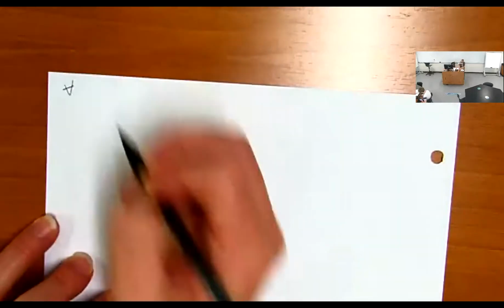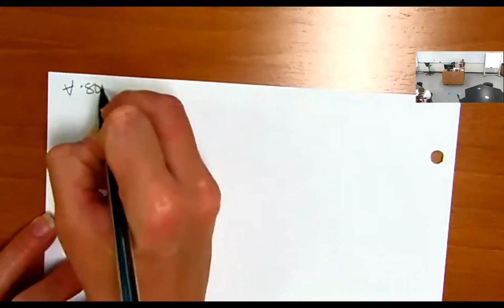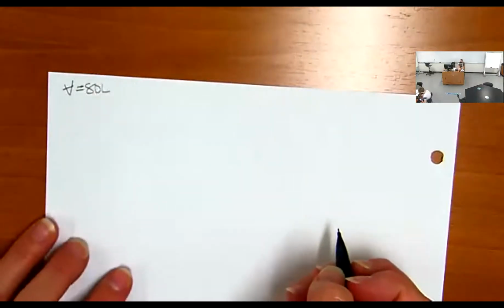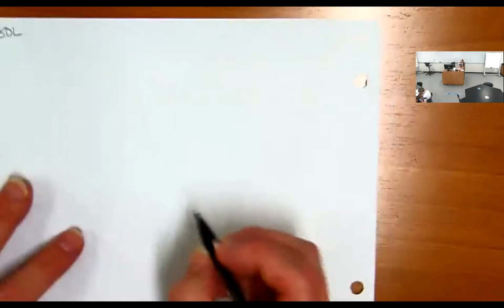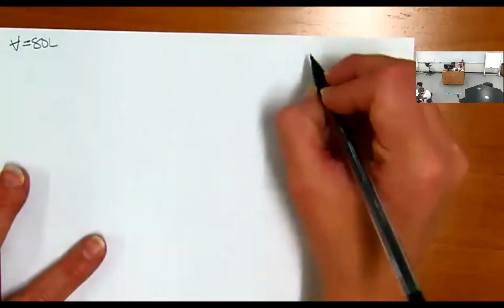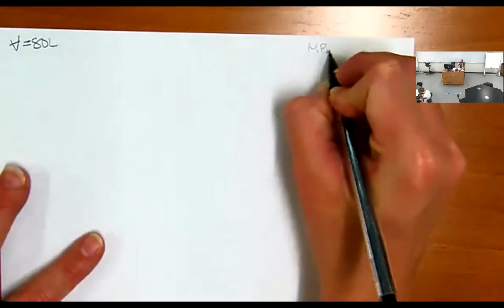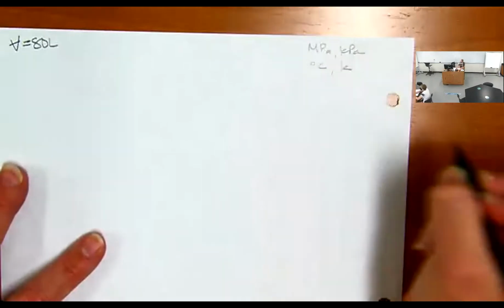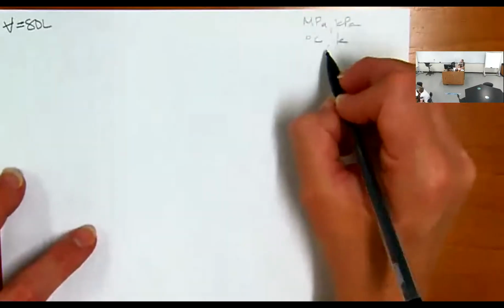So for this problem, we are told that we have an 80-liter vessel. So our volume is 80 liters, which I know right off the bat that I'm going to convert into cubic meters. Typically for this chapter, we're always going to be working in megapascal and kilopascal, degrees Celsius and Kelvin, and cubic meters.